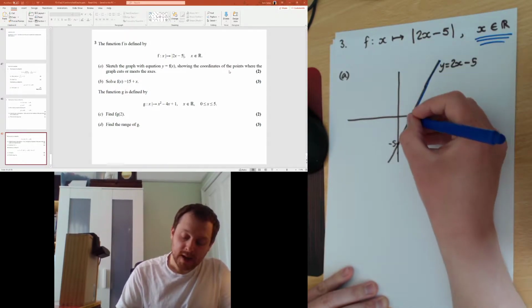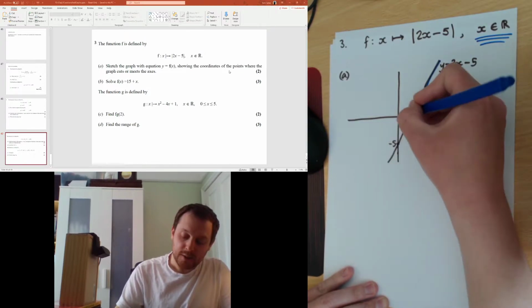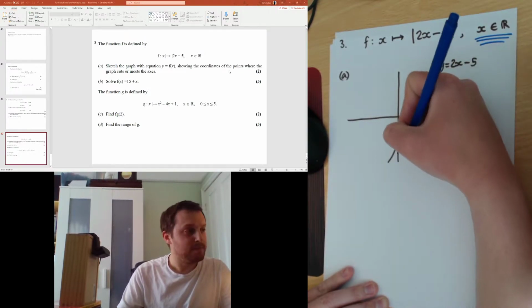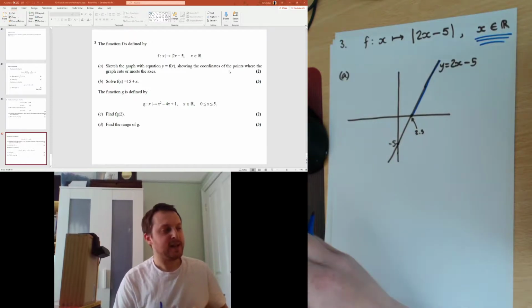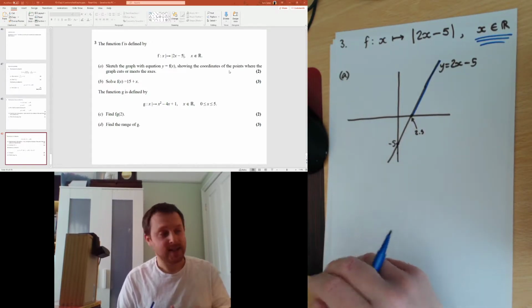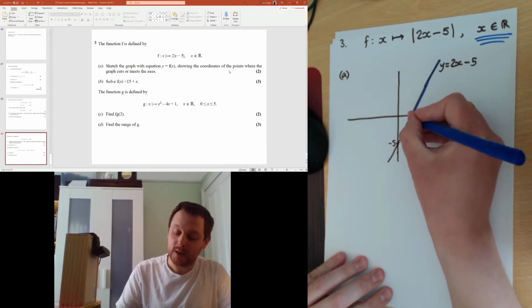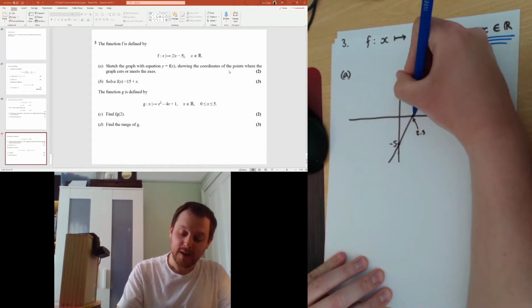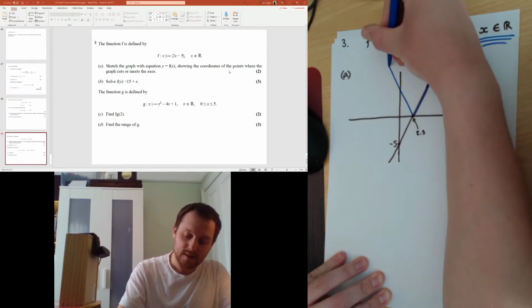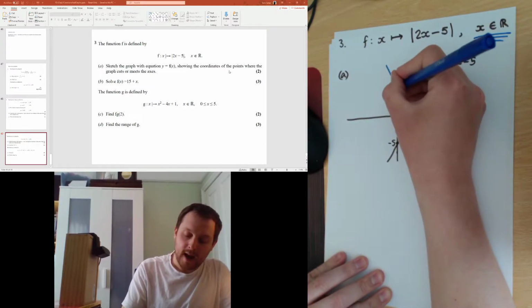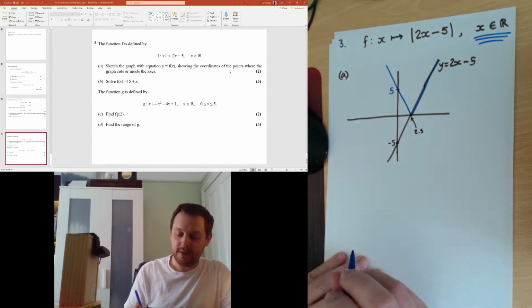So all you do is say, look, all of this, it would be the same numbers, but positive, which is not a particularly mathematically precise thing to say, but I hope you get what I mean. Okay, so it would be the same, but positive. So basically just flips, like a mirror. So of course it's now going through positive 5.